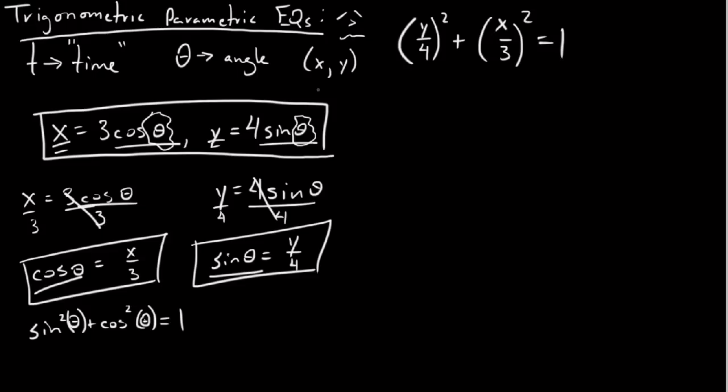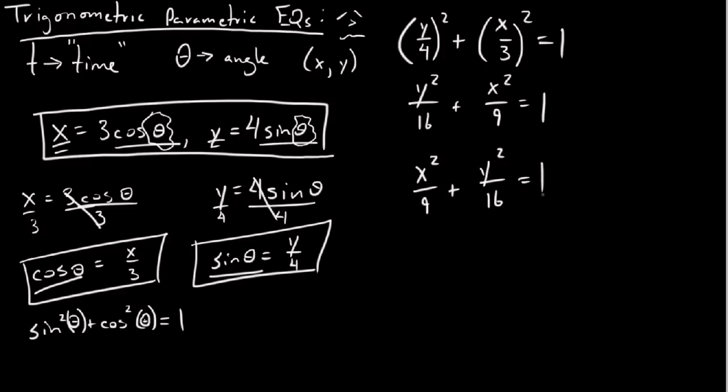A little magic here: y squared over 16 plus x squared over 9 equals 1. This is almost the equation of a circle. Let me do a little rearranging: x squared over 9 plus y squared over 16 equals 1.